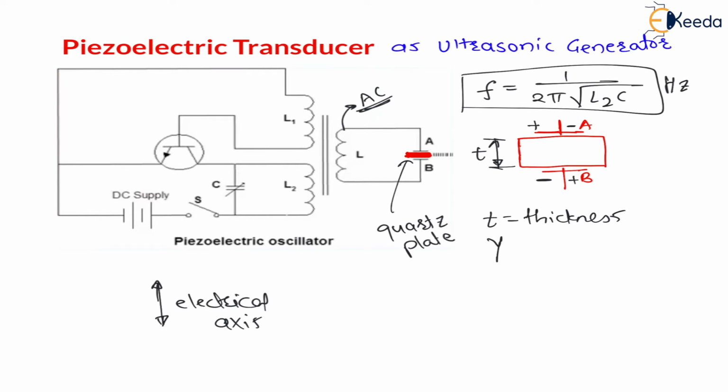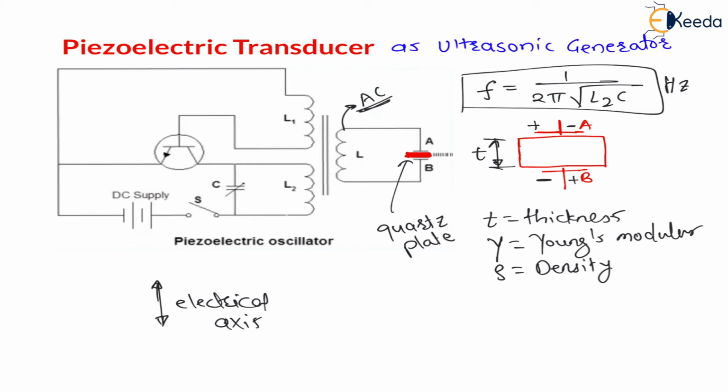Let us say Young's modulus is Y. These moduli you have already learned in physics 1. And let us say the density of this quartz plate is rho. This quartz plate will have its own natural frequency of vibration. And f is the frequency of the AC current.